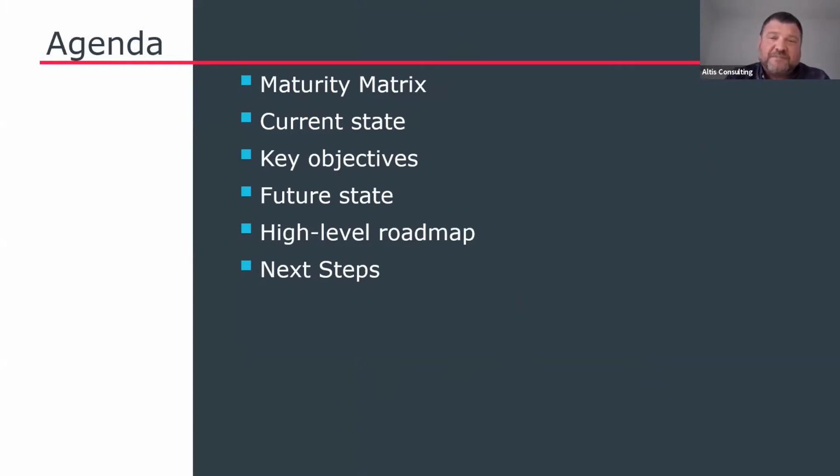Then we're going to talk a little bit about the current state, and having a bit of time first before you go into a maturity matrix session to understand what your current state issues and your objectives are, so that when you're in that session you keep that as part of the overall mindset: what are we trying to achieve as we go along our roadmap? Then, as you gauge that future state and the high level roadmap from that matrix, how do you turn those into next steps and tangible outcomes?